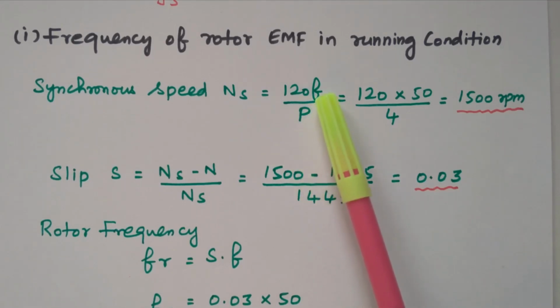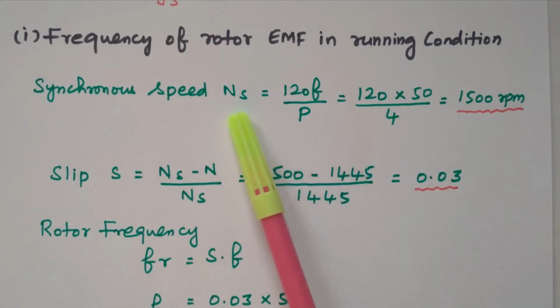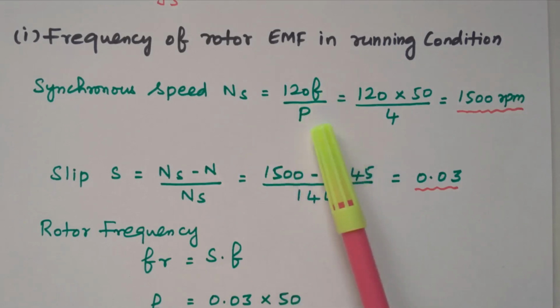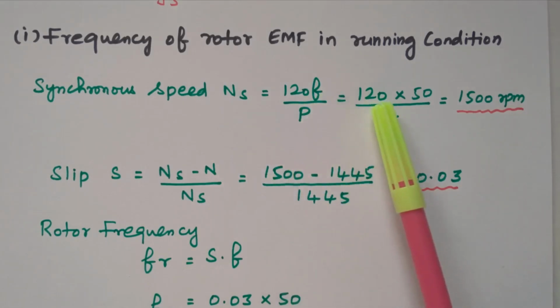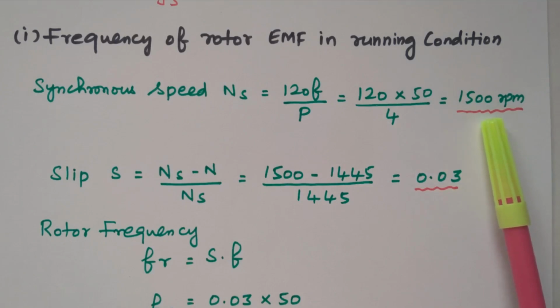The frequency and number of poles are given in the problem, so you can easily calculate the synchronous speed. Ns equal to 120 into 50 divided by 4, which gives 1500 rpm. The synchronous speed of this 3-phase induction motor is 1500 rpm.